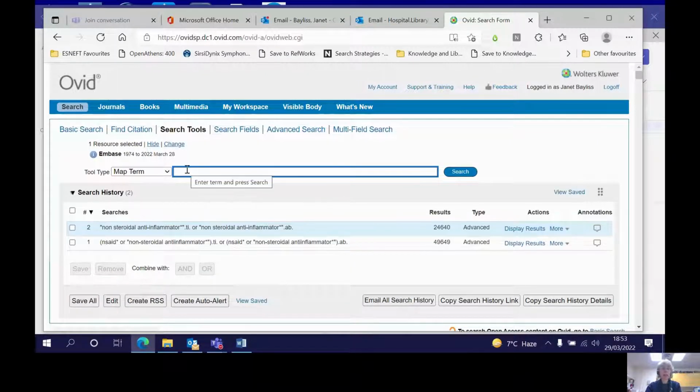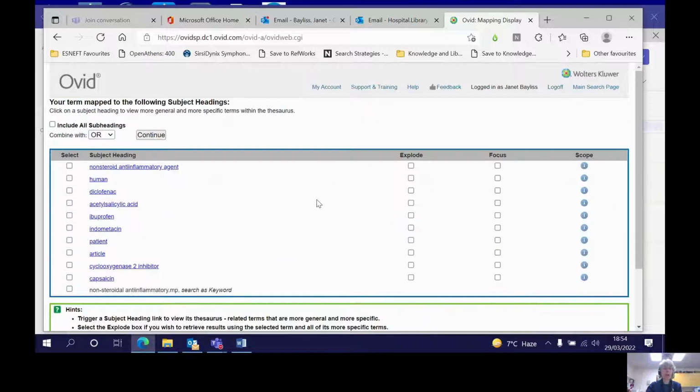Now I'm going to see whether there is a subject heading for non-steroidal anti-inflammatories, because I want to ensure that my search is as comprehensive and systematic as possible. So I'm going to search that controlled dictionary of subject headings, and I'm going to ask it to consider the keywords in the widest possible way.